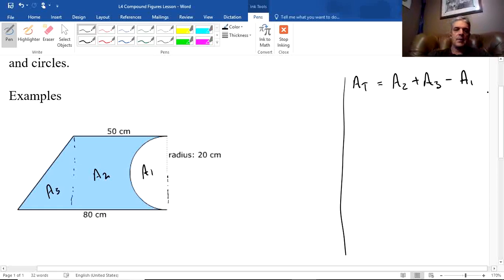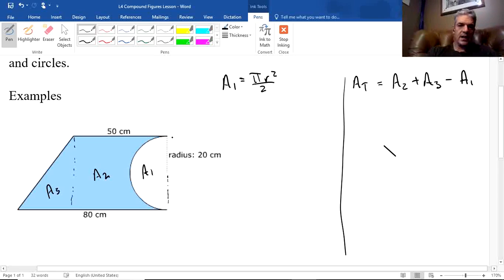It doesn't matter if you had named these 1, 2, and 3 differently, as long as you're identifying them correctly up here. Now I'm going to work over on this side and figure out my area 1, my area 2, and my area 3. For example, area 1 is a circle, or at least half a circle, so that is going to be pi r squared, and then I'm going to cut it in half because I only need half the circle.